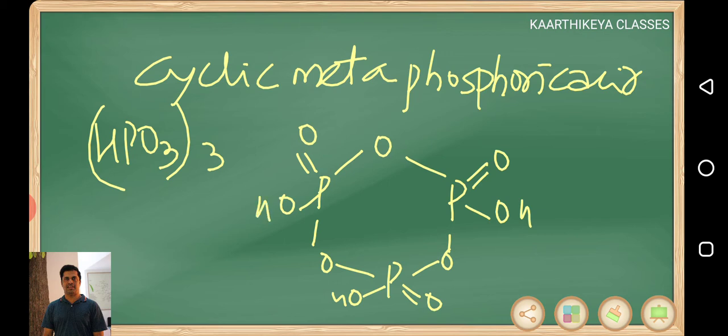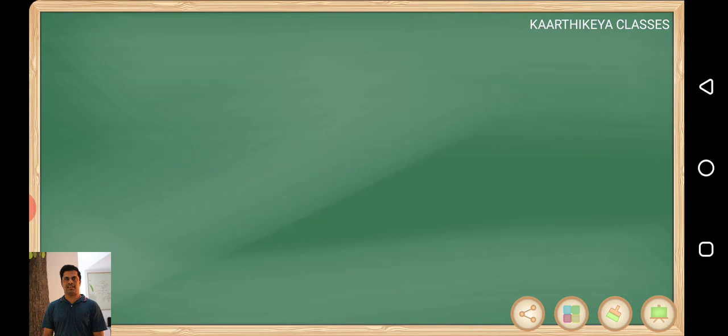Because of 3 OH groups, OH1, OH2, OH3, it is going to be a tribasic acid. Not a reducing agent, there are no P-H bonds. Cyclic metaphosphoric acid, a tribasic acid. Only the simple metaphosphoric acid is monobasic, the cyclic one is a tribasic acid. So that is the fifth acid.